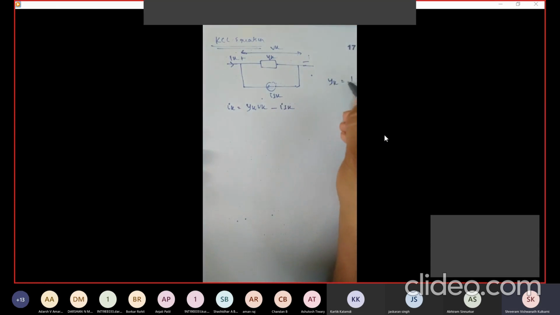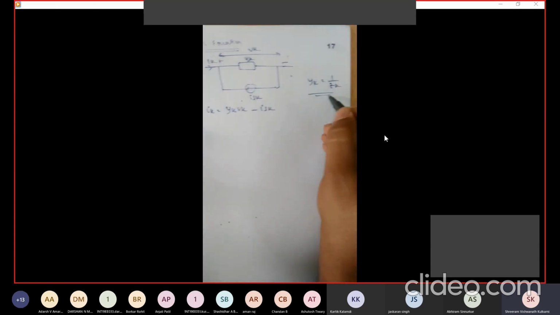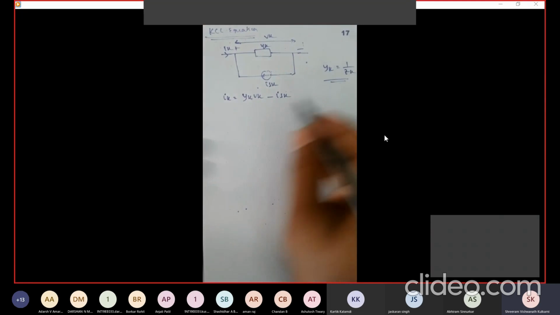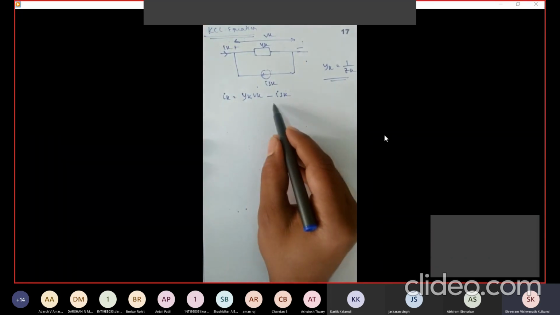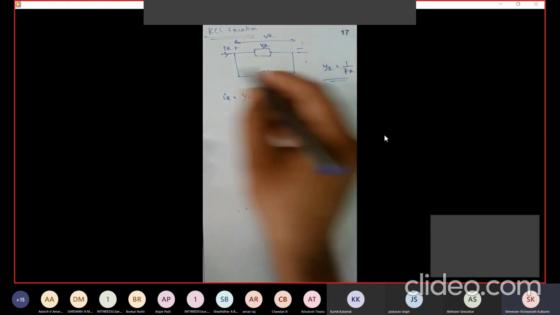YK is nothing but 1 by ZK, correct? Okay, so I can write IK equals YK VK minus ISK.